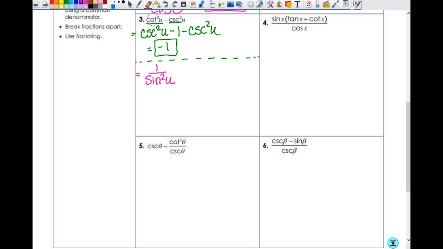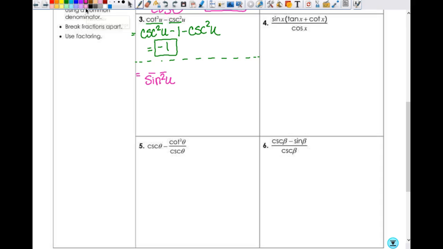What is cotangent as a quotient? Is it cosine over sine or sine over cosine? Cotangent is cosine over sine.